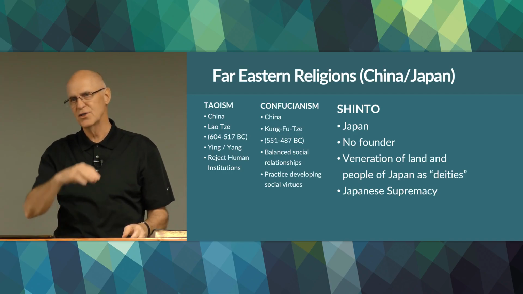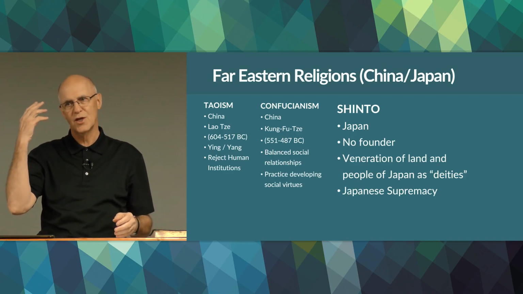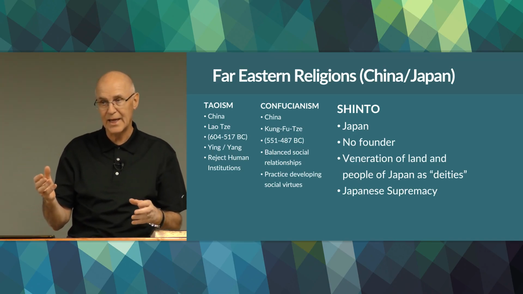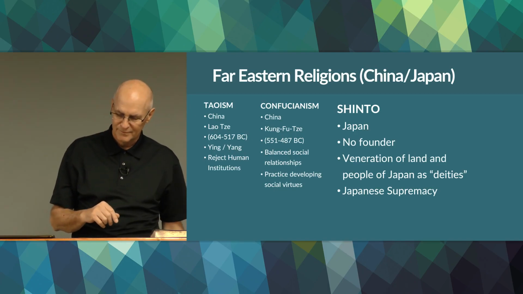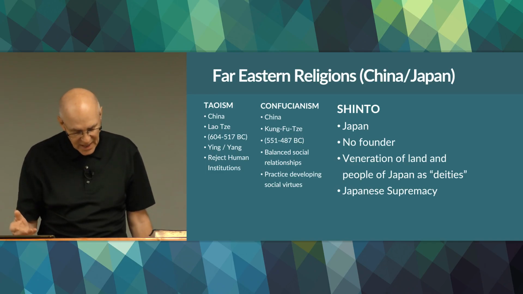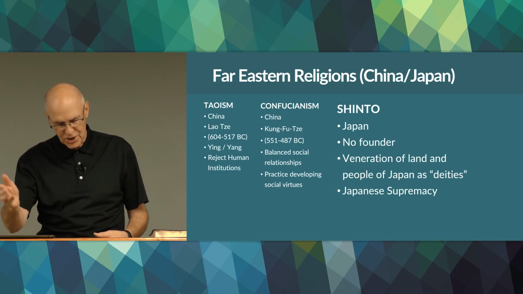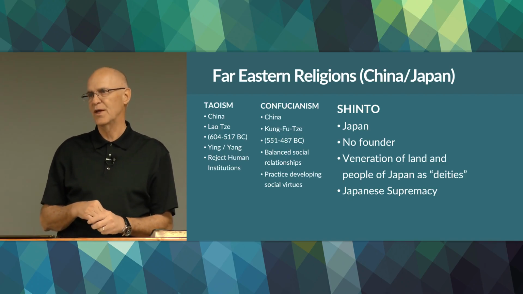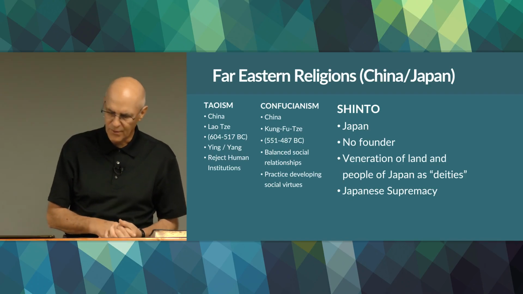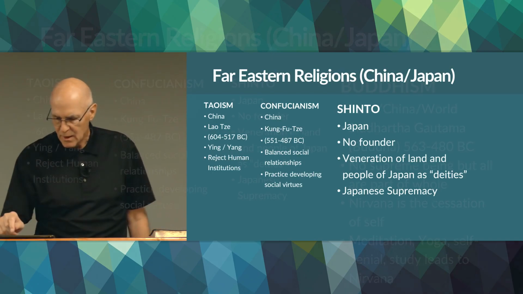After World War II, they had to change it. If you know what the Japanese flag looks like today, it's just the sun. There are no rays anymore. Today, the shrines and temples for Shinto are mostly devoted to ancestor worship. They go there to honor their ancestors.